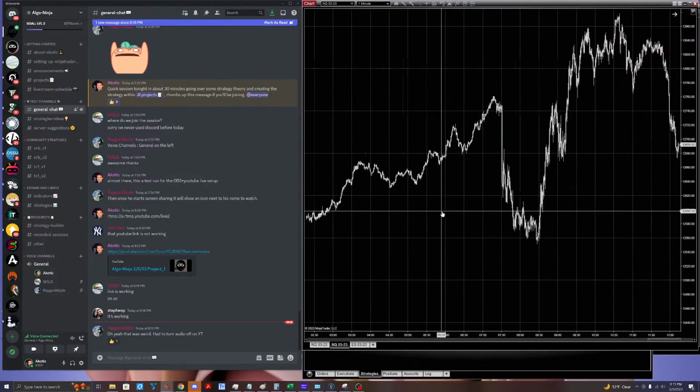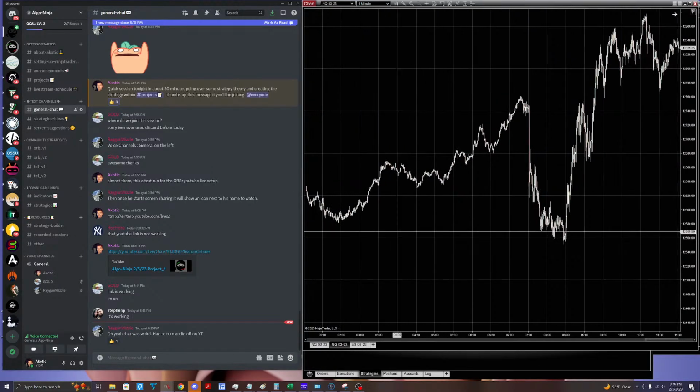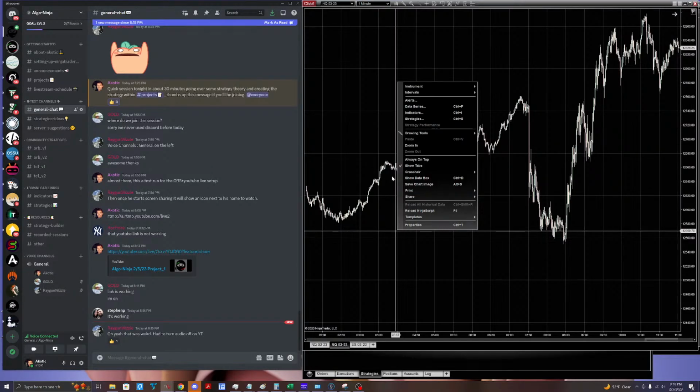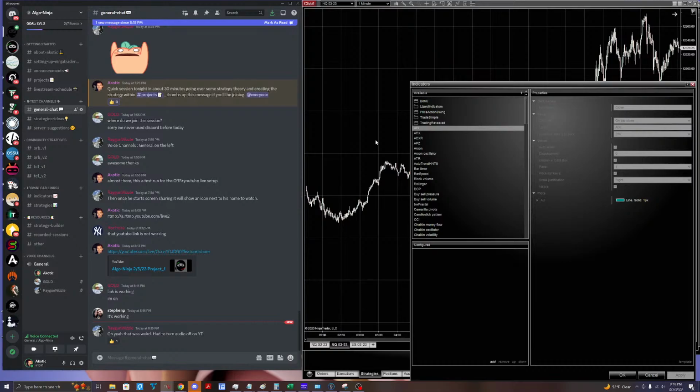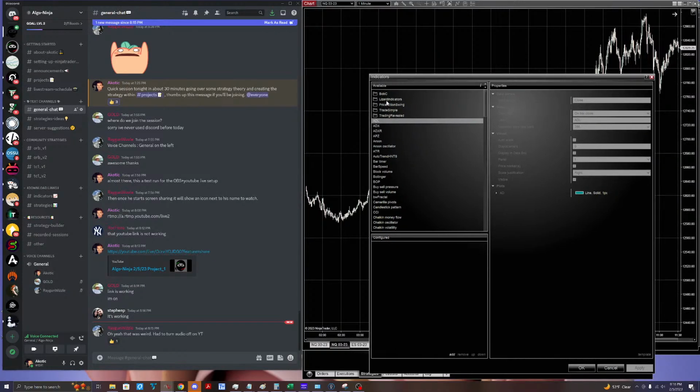So if we have a blank chart open, we can pull up the indicators that are used within the strategy. First, we have a 200 period EMA.